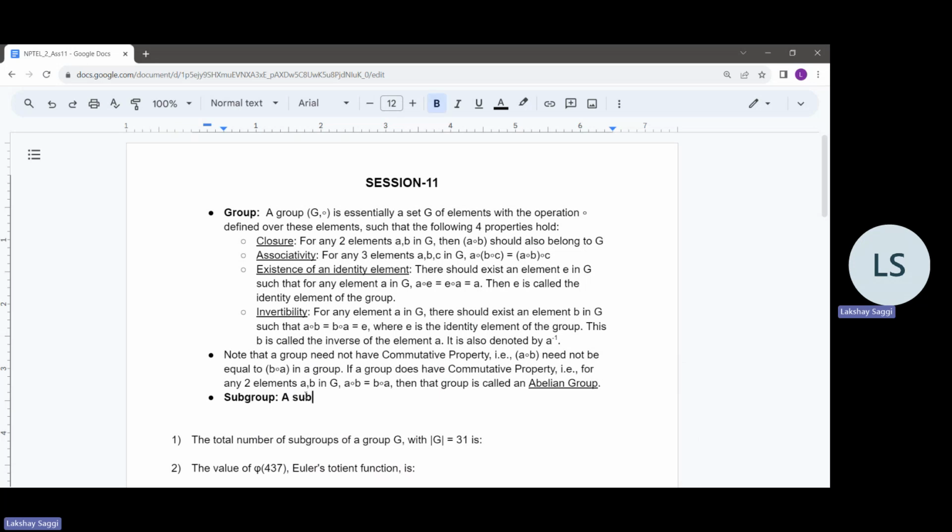A subgroup is like, we know there is a subset of a set, right? Similarly, there is a subgroup of a group. So what is a subgroup of a group? A subgroup is also a group.